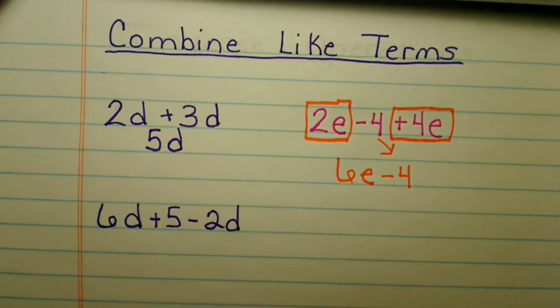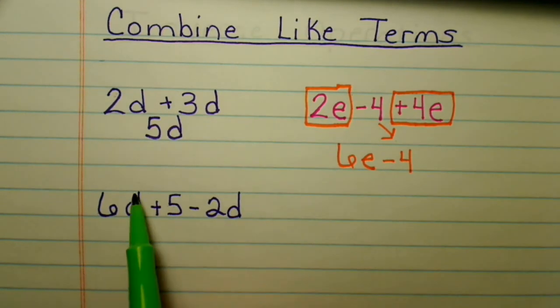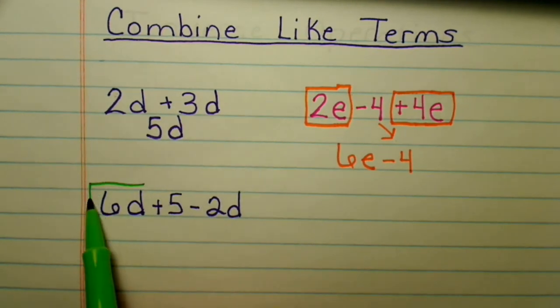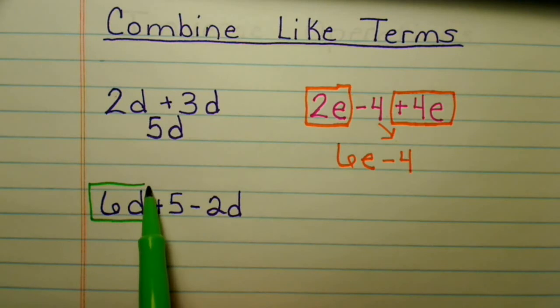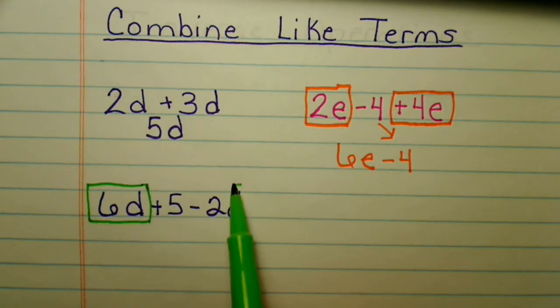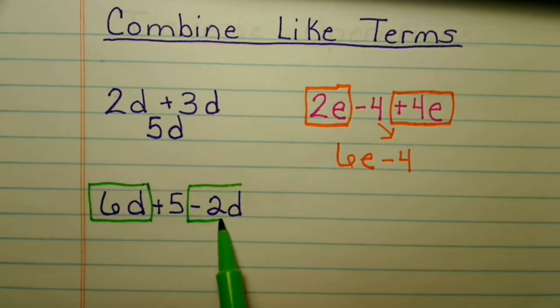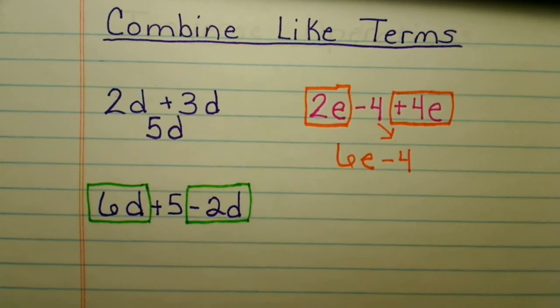So when you're trying to decide which terms are alike, you might want to put a box around them, use a certain color, something like that. For example, here, I know that I'm going to want to combine the D's because those are the same variables. So I'm going to put a box around this 6D and a box around this minus 2D.